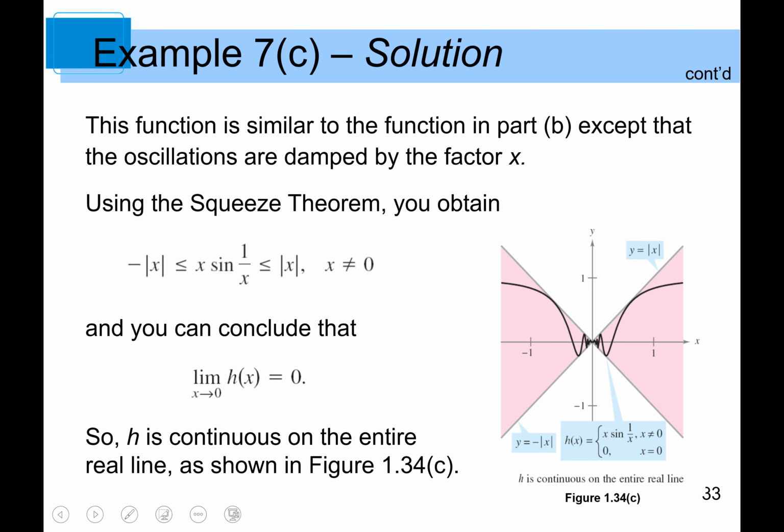The last one, c. We've got to use the squeeze theorem. Since x times sine of 1 over x is greater than or equal to negative absolute value of x, and less than or equal to absolute value of x, then we know that when x approaches 0, this is -0.